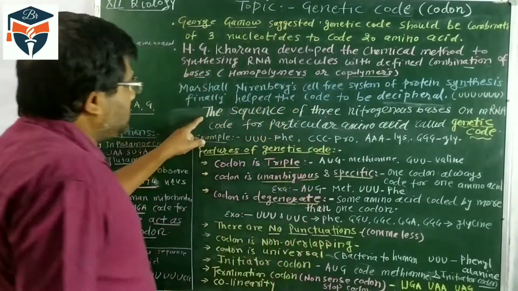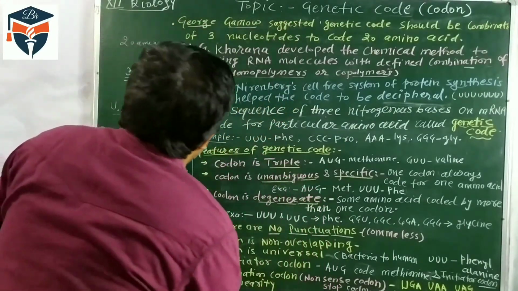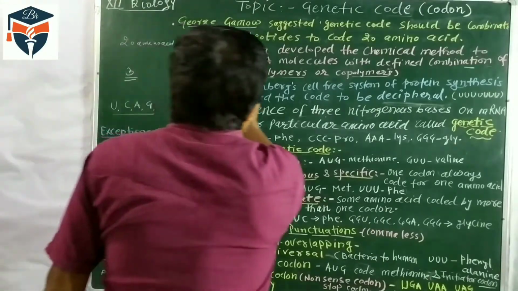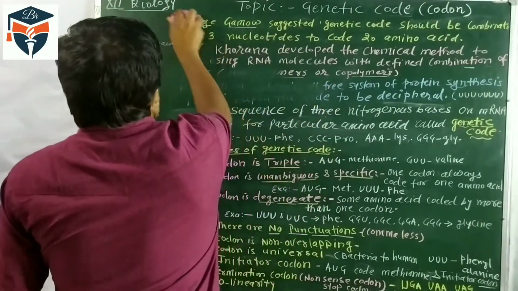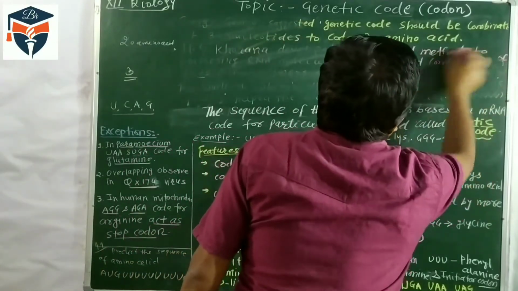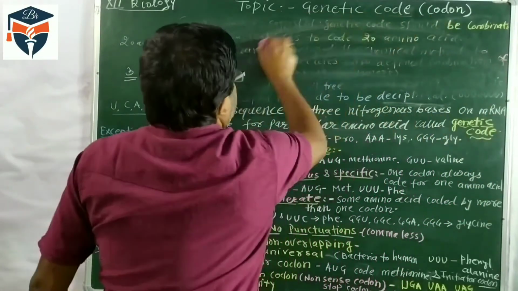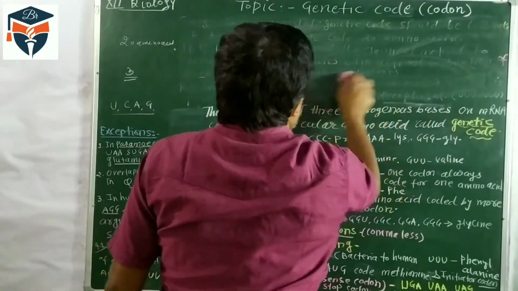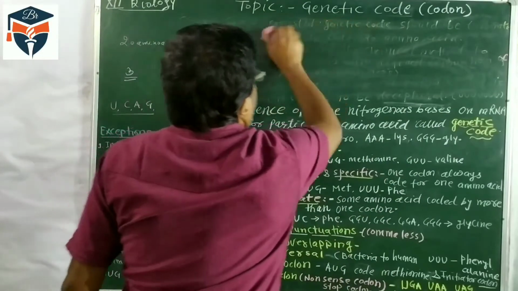Secondly, the sequence. Now we have to go for what is genetic code. After this overall discovery, observation and experiment of the different scientists on the genetic code, now we have to understand what is genetic code.